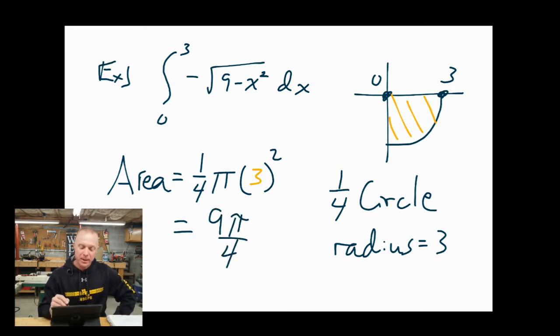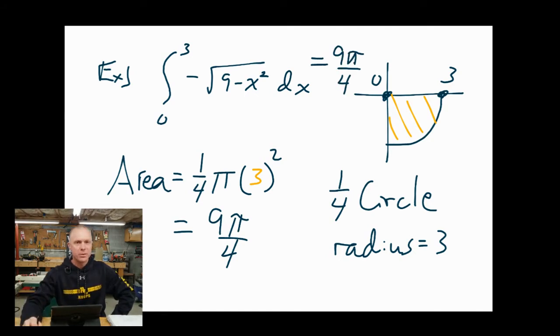And that would be my answer. Except it's wrong. What? I thought it was a quarter of a circle. We only look from 0 to 3. But yeah, 9 pi over 4 is wrong. Do you know why? Somebody would know. Is it you? Yes, that's correct.